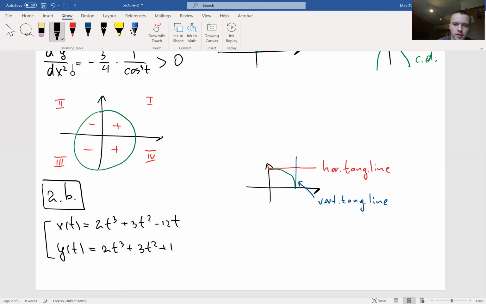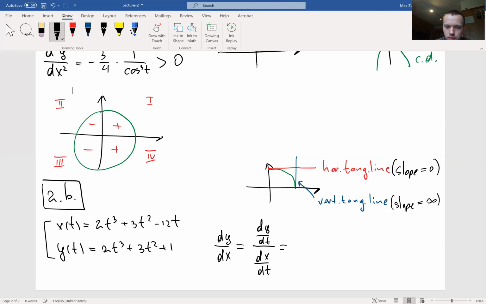Can anyone tell me what is the slope for the horizontal tangent line? To figure out for which t we have horizontal and vertical tangent lines, you just need to find your derivative. Remember, your first derivative is going to be dy over dt, and your second derivative is going to be dx over dt.